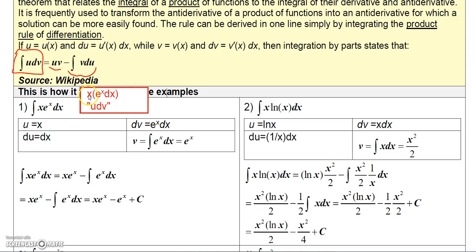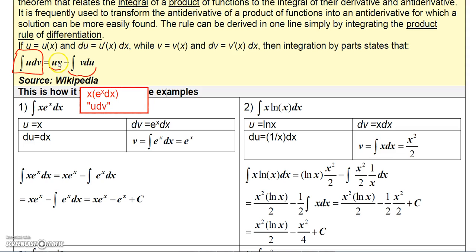That tells me that u will represent the x, and then the dv will be the e to the x dx. So in other words, this is u and this is dv, and in the integral I have u dv, and that's what I need in order to make this work.